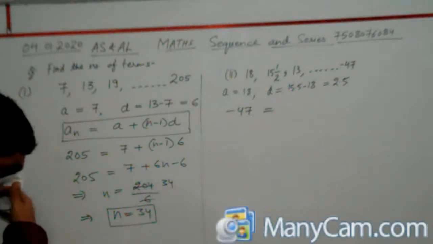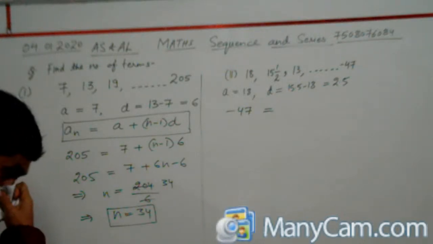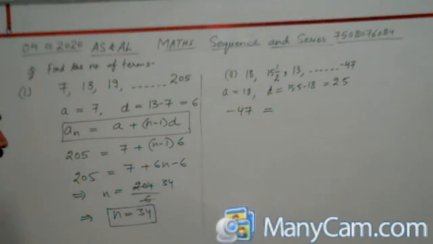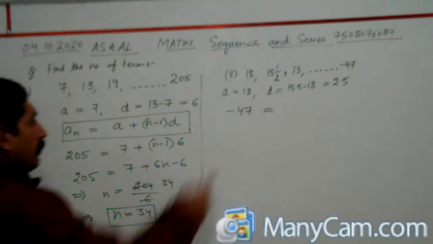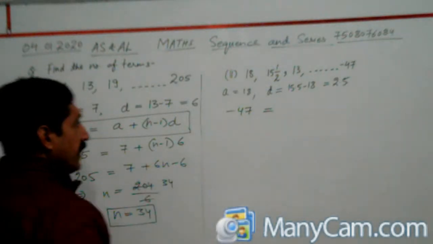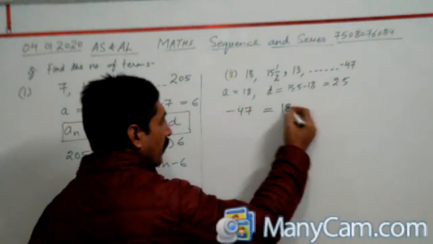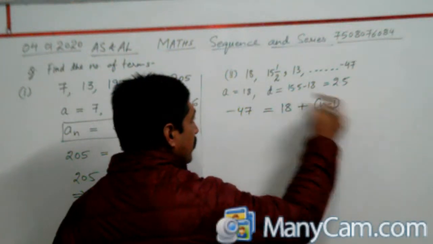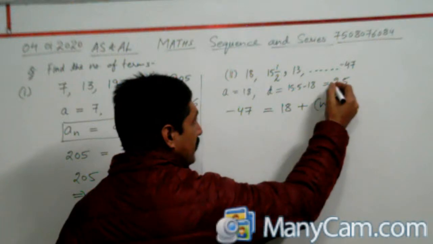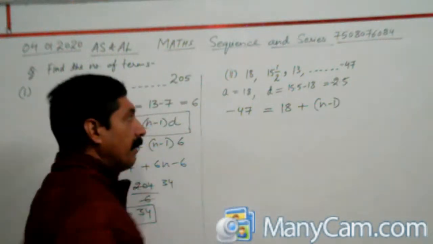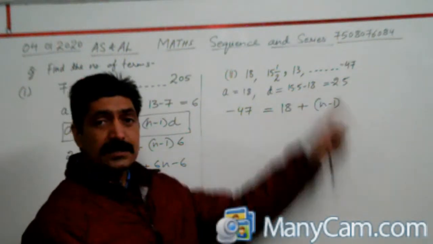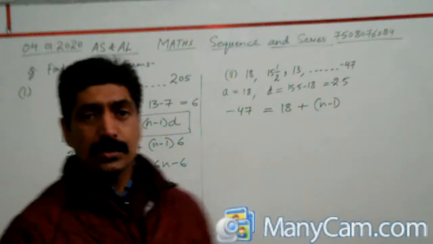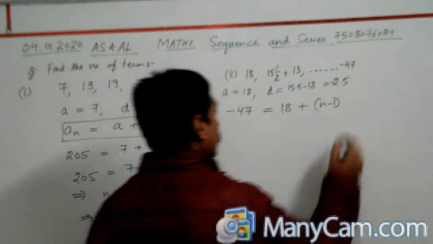So here minus 47 is equal to a, which is 18, plus n minus 1 into d, which is minus 2.5. Please remember here d, the common difference, is minus 2.5, right?